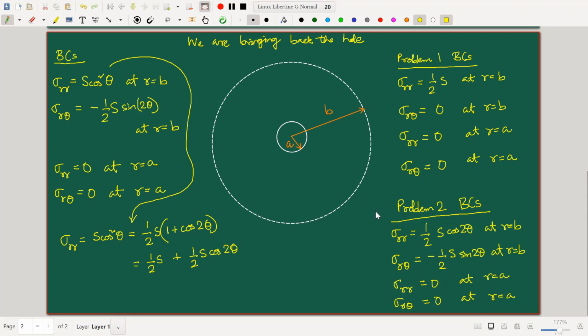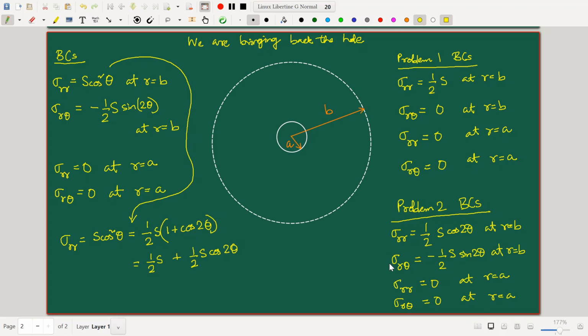The whole challenge of this problem ultimately boils down to finding a form of the Airy stress function which will give us this particular form of sigma rr and this particular form of sigma r theta. How do we go about doing that?